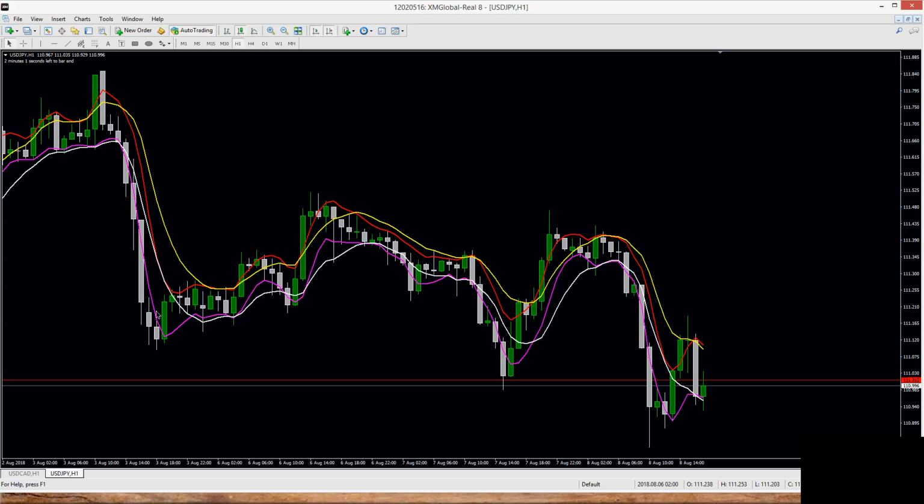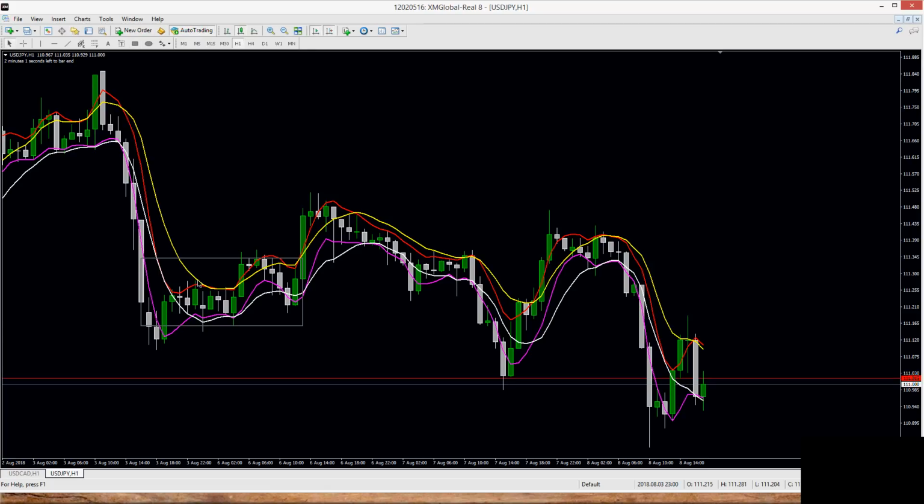When you see this part over here, this is a sideways Bollinger Band because the candles are moving from Mahi to Malo, Malo to Mahi, Mahi to Malo. So I know for a fact that this is a sideways Bollinger Band.